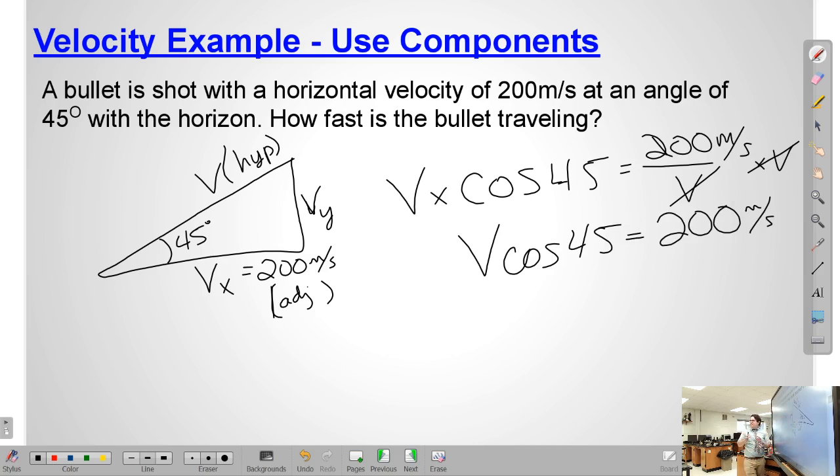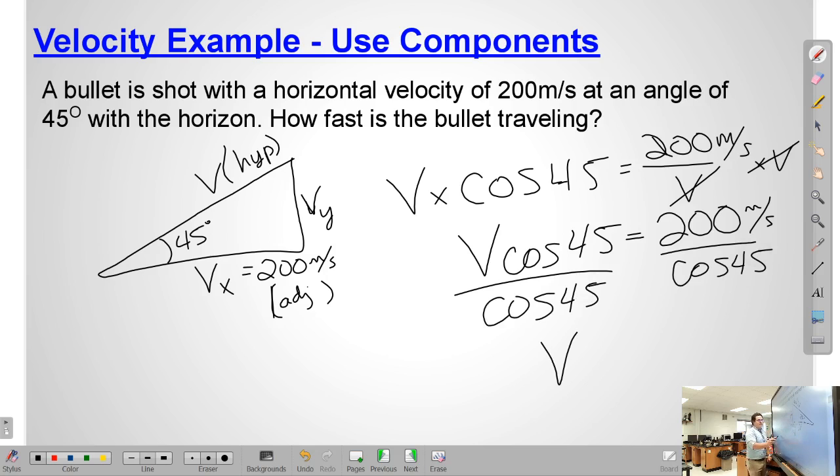What am I gonna do now? Divide by cosine 45. So V equals 200 divided by cosine 45.